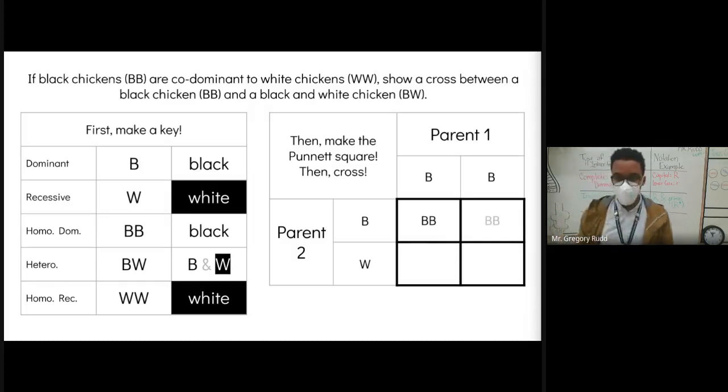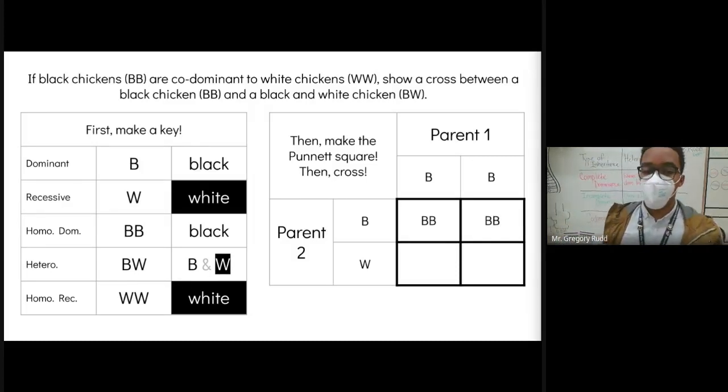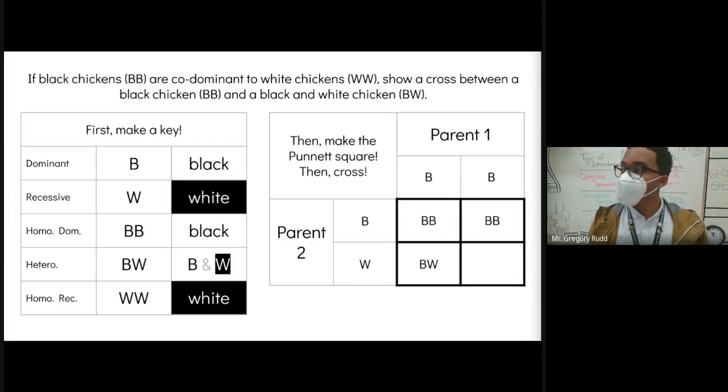Capital BB. Good. And Ben, swinging back around to you, what's going to go in the bottom left box? BW, excellent. And then Sally, just finish us off, please. BW, good. So it seems like you guys have got the Punnett squares pretty solidly down.